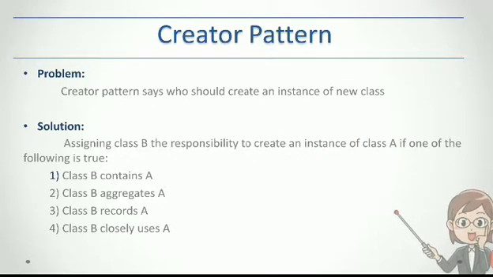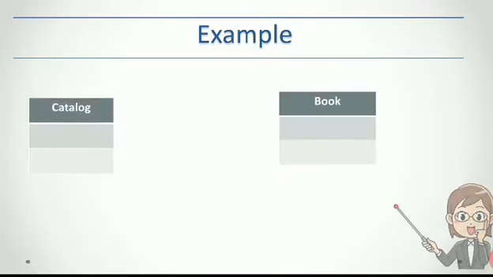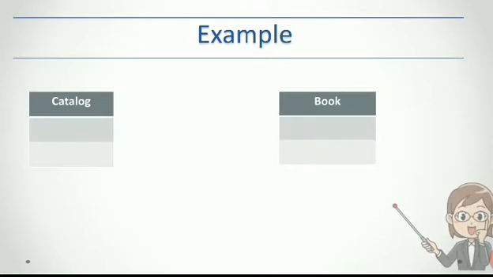Consider an example for instance creation with the help of the creator pattern. We have considered a library management system. In a library management system, when a book is added in the library, the catalog is updated by its title.